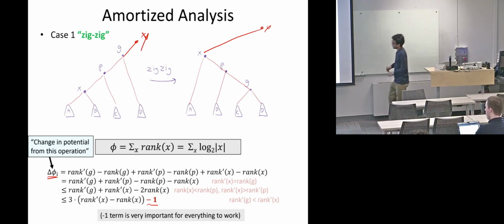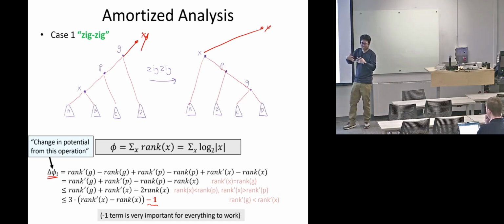This -1 term is going to be very important for us, because when you compute the potential change and you get a negative term, what does it mean intuitively? It means this is an advance payment that compensates for the cost. Each negative term in the potential is like an advance payment paid to us.